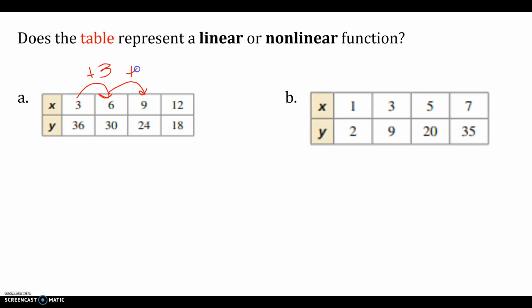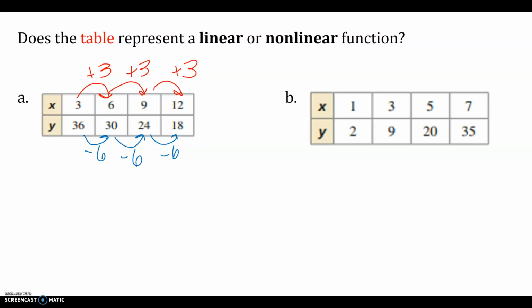From 6 to 9, you added 3. And from 9 to 12, you added 3. That's a good sign because they're all the same. The bottom, if you go from 36 to 30, you minus 6. From 30 to 24, you minus 6. From 24 to 18, you minus 6.